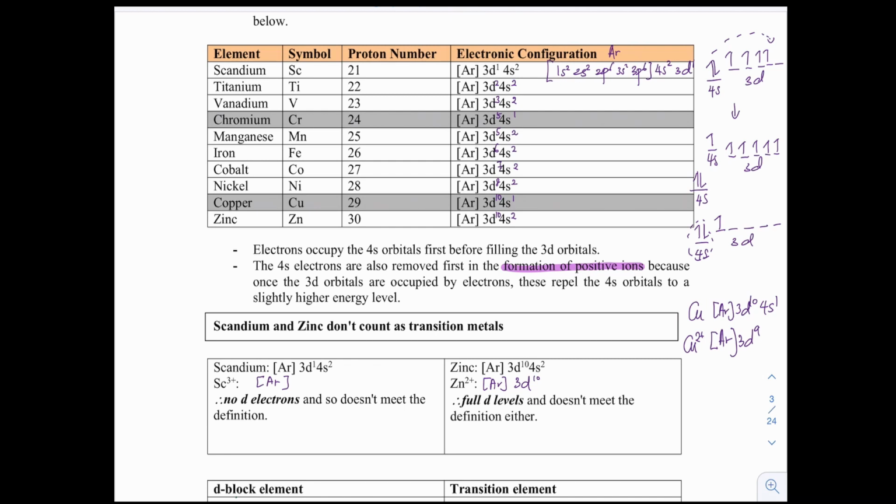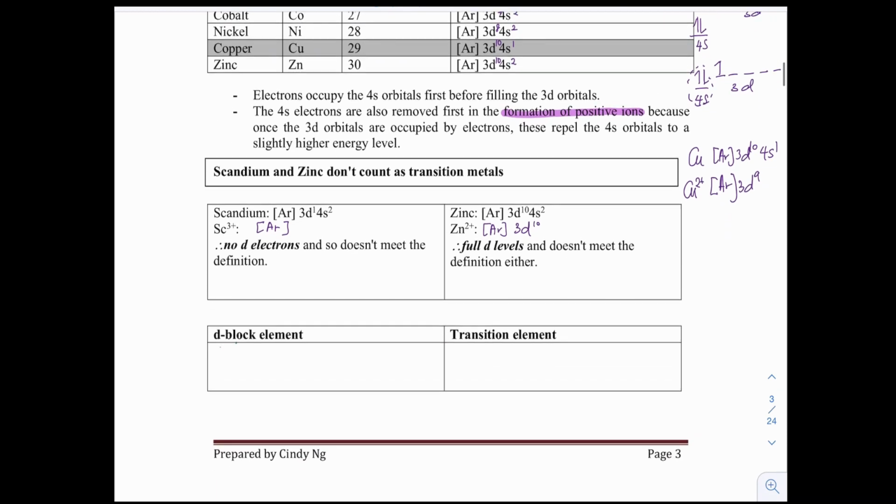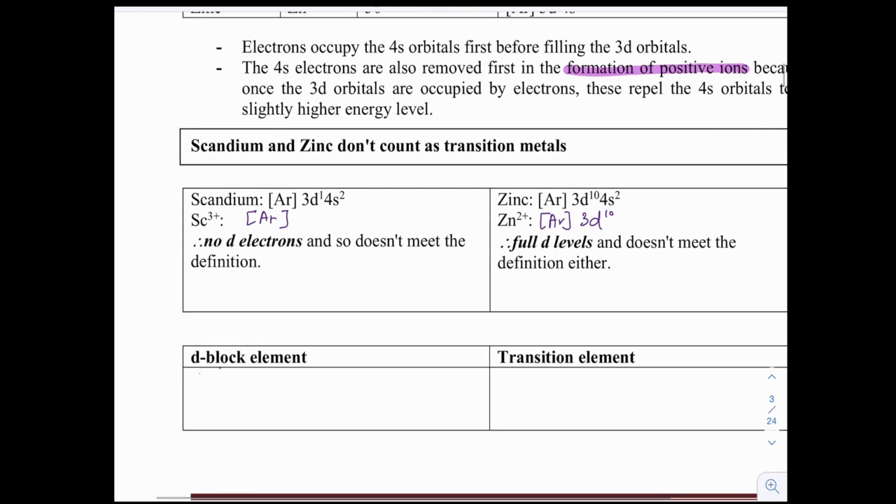Alright, so now I hope you can differentiate between the D block elements and transition elements. D block elements means that the valence electron falls in the d orbital.